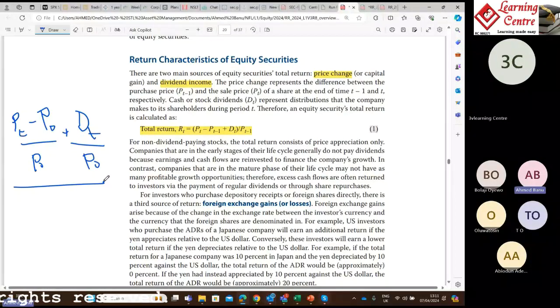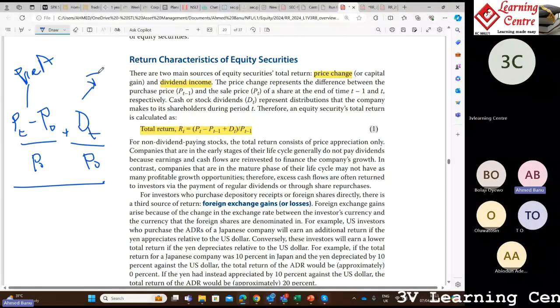So right now this is price appreciation, and this is dividend income.